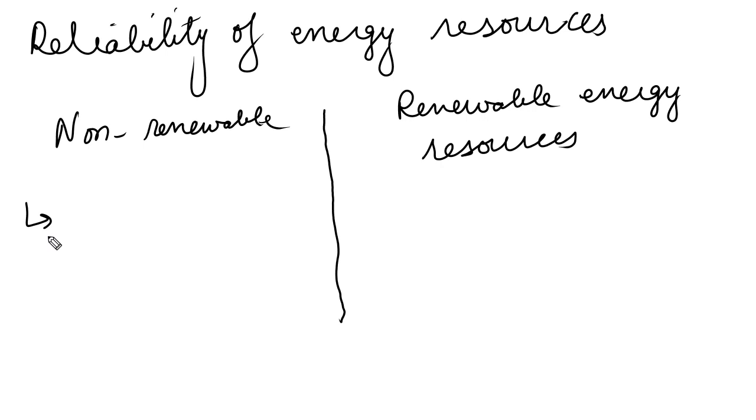If the tides are low, then we are not able to generate the exact amount of energy. Similarly is the case with the sun, because the energy from the sun is the renewable source of energy. So the renewable sources of energy are less reliable.